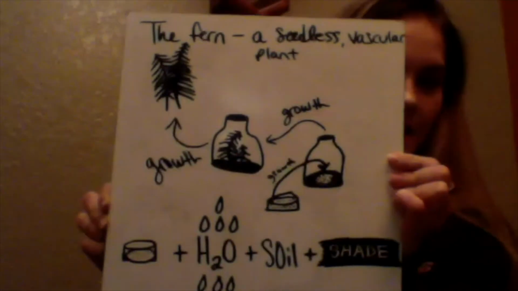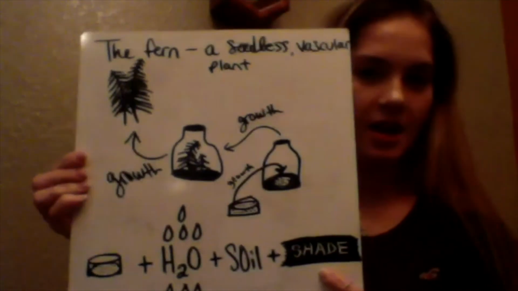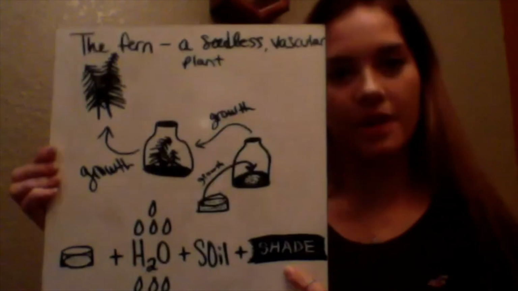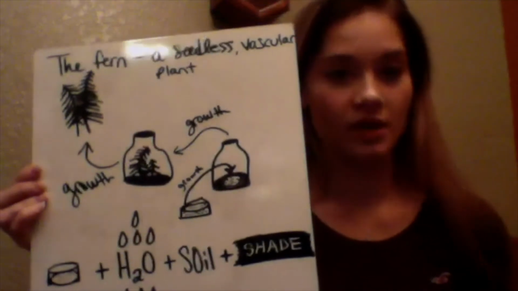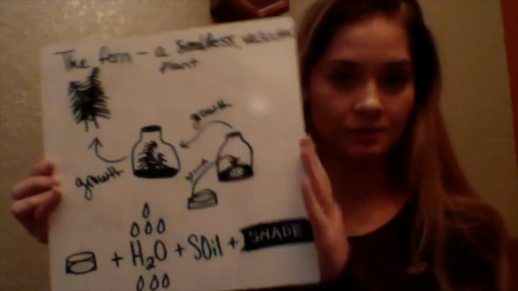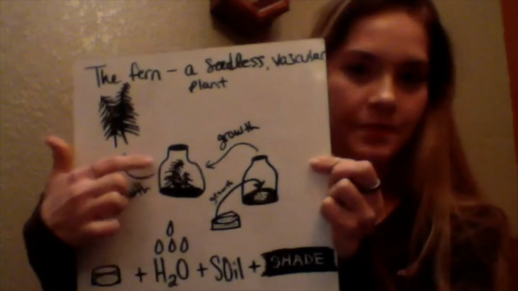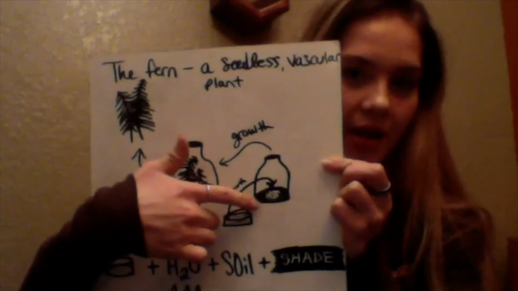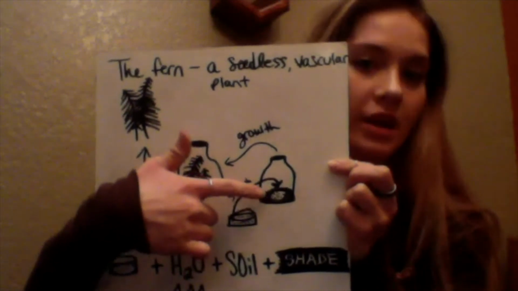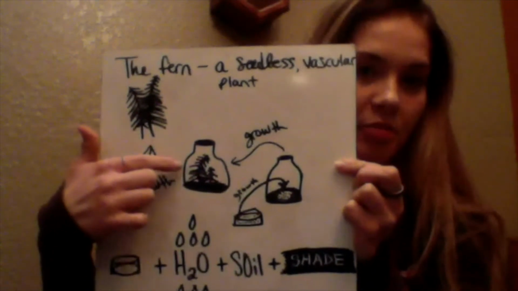Another thing that they like is a lot of shade. And supposedly female ferns can grow in more sunlight than the male ferns. But again, with our cycle, it is in the jar. We put the agar and the spores into a jar, and then growth gets a little bit bigger.